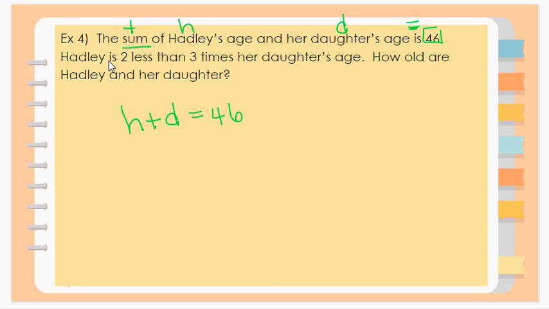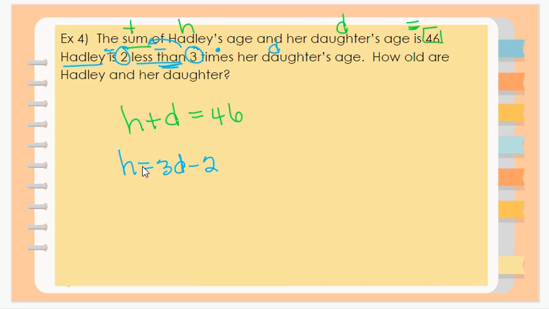Hadley is, so H means equals, 2 less than, which means to subtract and switch, 3 times, meaning to multiply by D. So H equals 2 less than 3 times her daughter, so 3D minus 2, because I had to switch that. Instead of saying 2 minus 3D, I had to switch that and do it at the end, 3D minus 2, because remember, we talked about that "than" is a turnaround word.